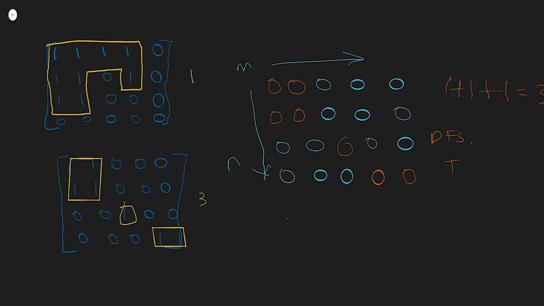If you see the runtime complexity here, we are visiting all the elements in the original graph from left to right and top to bottom. So my time complexity is m into n, where m is the row and n is the column.